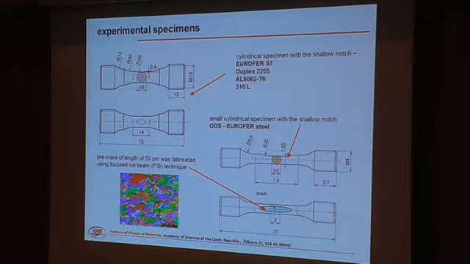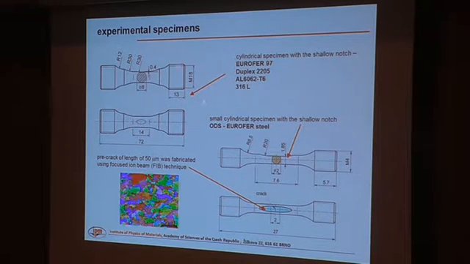It was possible also due to the very fine microstructure of this material, because here you can see the EBSD of this material, and you can see that most of the grains are under 5 micrometers. So even the prepared notch of about 50 micrometers was 10 times bigger than the typical microstructure of this material at least.